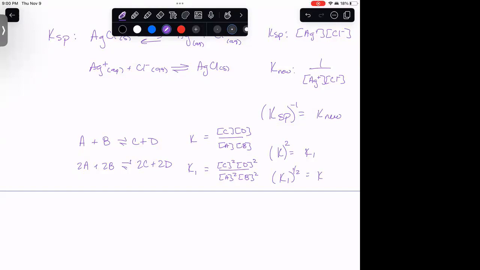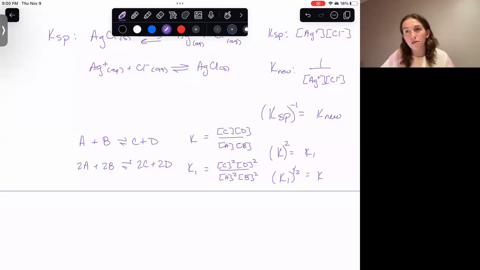All right, but I guess in practice, you probably wouldn't go from a given KSP or KA or something of the sort to a lesser coefficient. I don't think so. I think most of the time it's given to you in its simplest form already, and you're not really going to reduce it further.